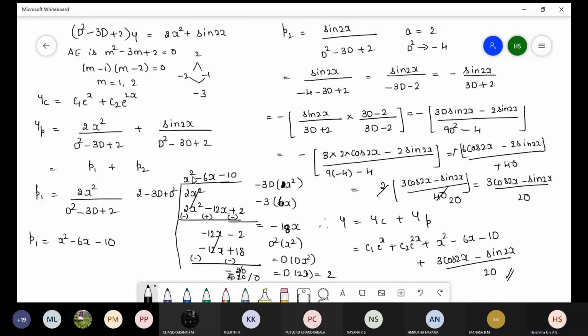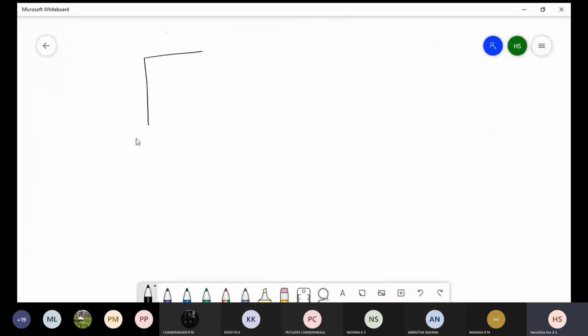Checking this x square, here I should get minus 3 into 2x, that is minus 6x. So to get minus 6x, I have to write here minus 3. Minus 3 into 2 is minus 6x. Again 3 into 3, 9. Here again 2 minus 3D plus D square.